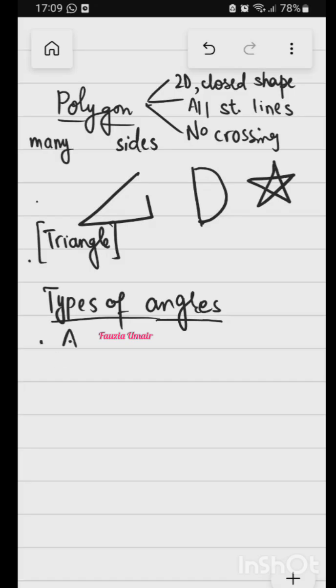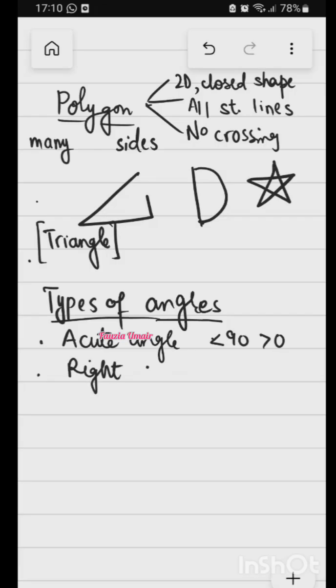First, the smallest angle is called acute angle. So what then is acute angle? Ma'am, it's the angle that is smaller than 90 but bigger than 0. That's right. So second is right angle. What is right angle?